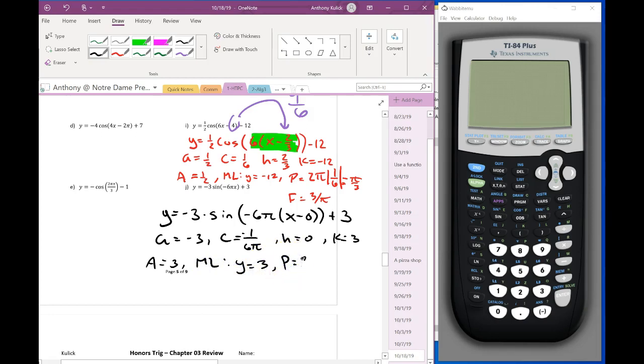My period is 2 pi times the absolute value of negative 1 over 6 pi. When I simplify that down, I just get 1/3. And then my frequency is the reciprocal of the period, so that's 3. Does that feel okay, Olivia? Okay.